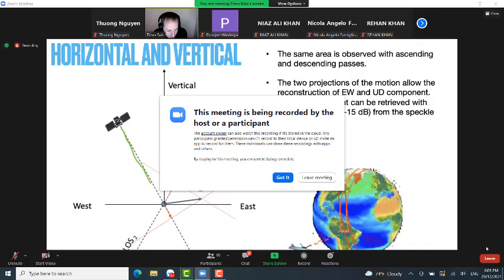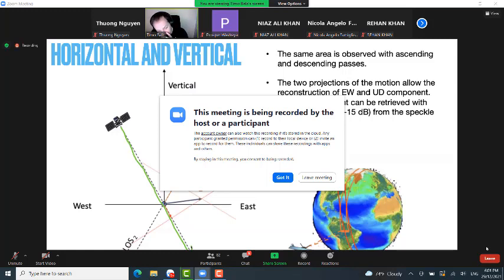So any millimeter motion is measured in this line of sight direction, the LOS direction, that stands for line of sight. So if we have one orbit, looking in one direction, we only have a one directional measurement.